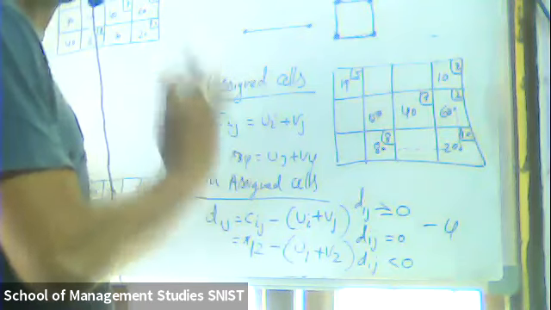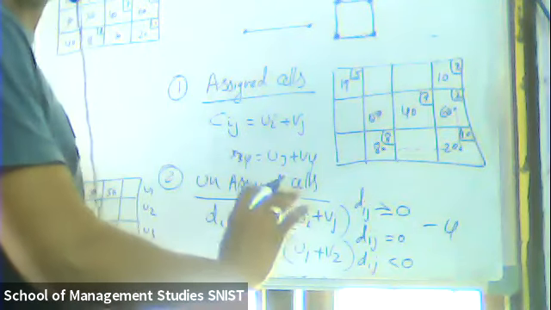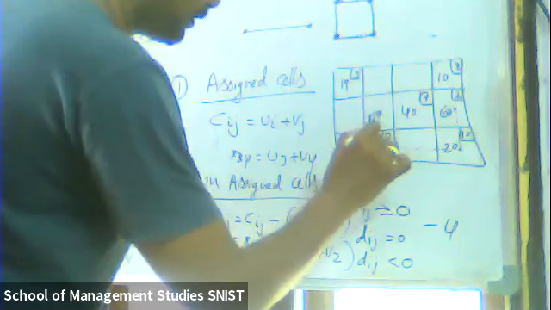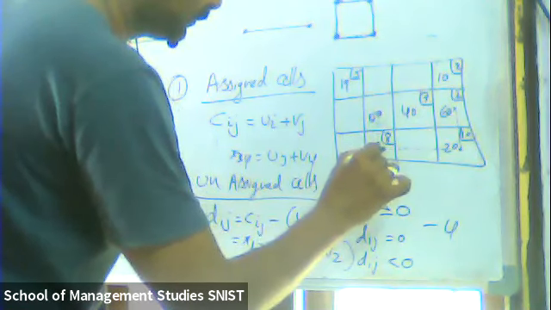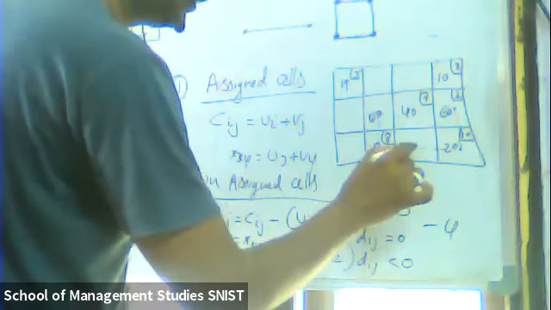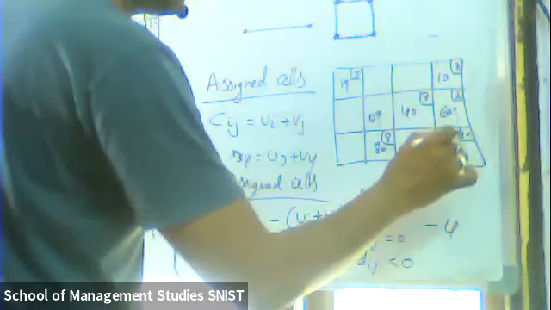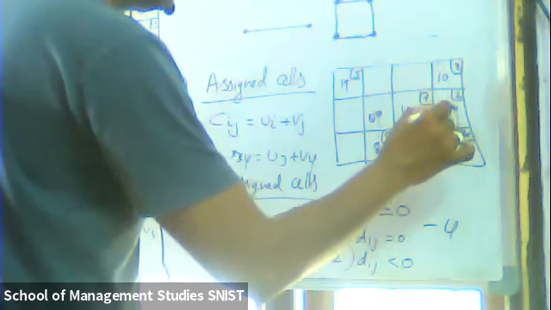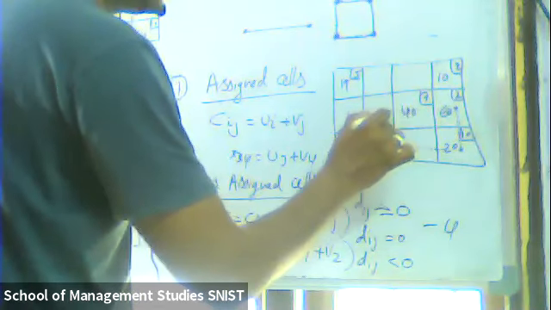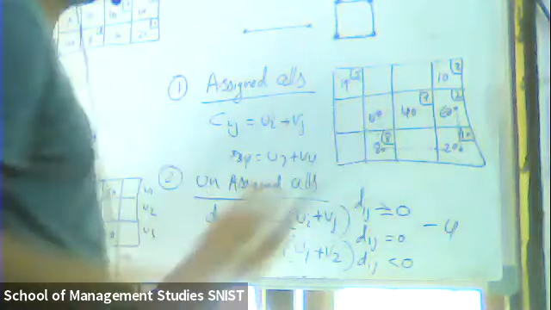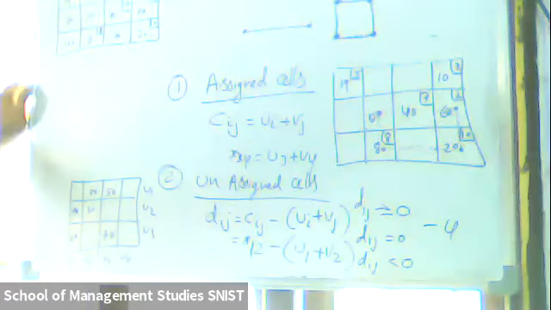The loop has to end with any assigned cell, right? So I may stop here, and from here to here, and here to here, and here to, then finally I will reach here. Is it fine? If you have any questions, please ask me now itself. Any type of questions, even if it is silly, no problem, please ask me.